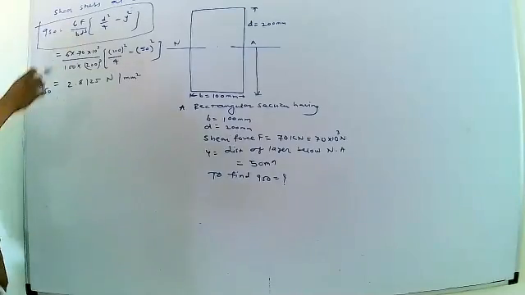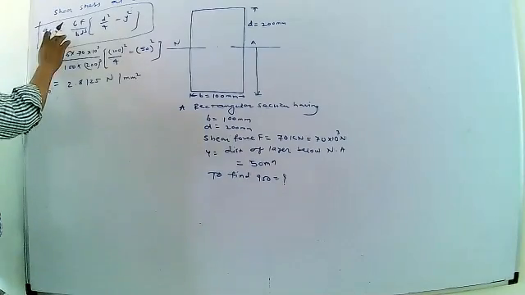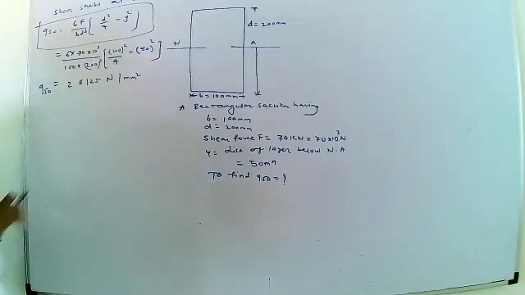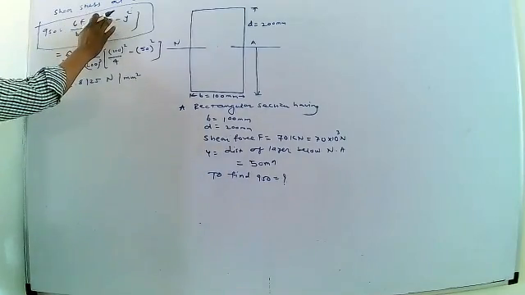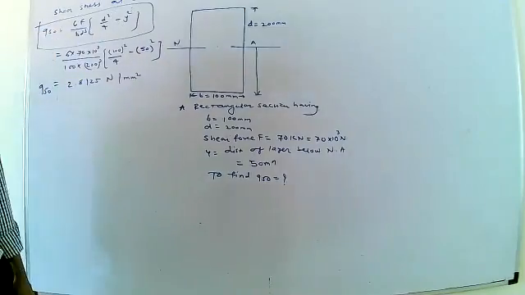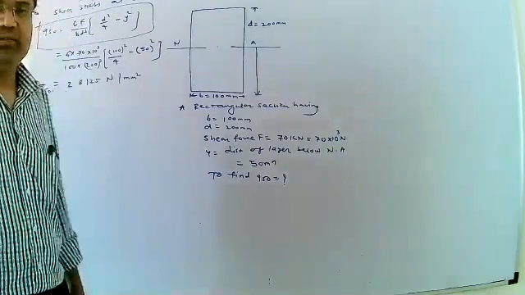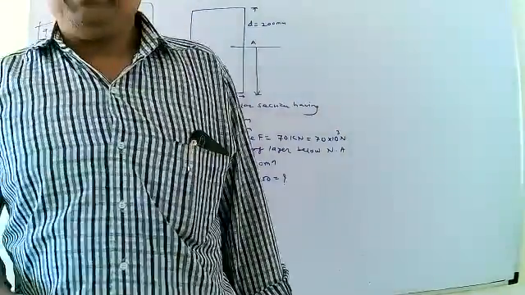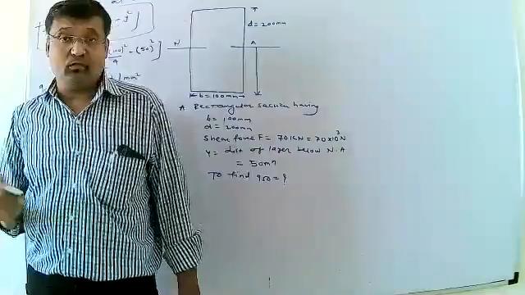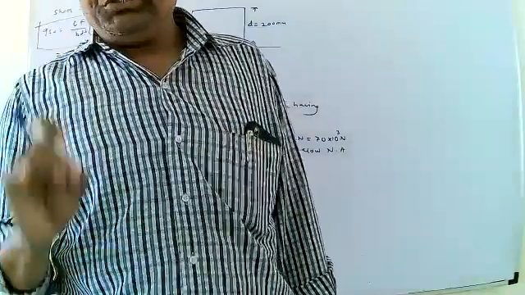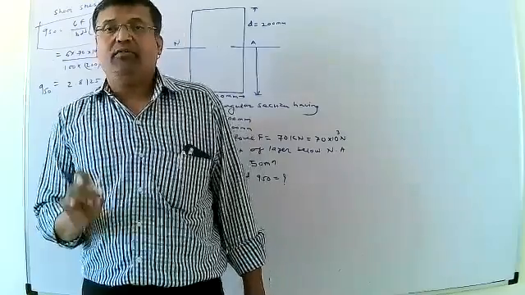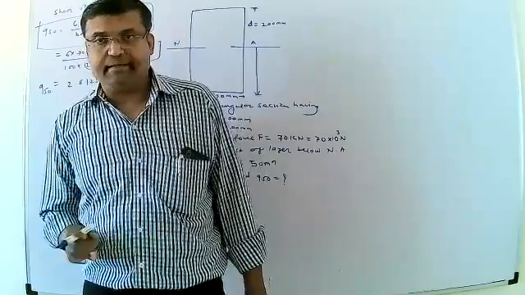Q at any distance above or below the neutral axis is equal to 6F upon bd cubed into, in bracket, d square upon 4 minus y square. That is very important. Then you put in the values already provided in the problem, do the calculation, and after the calculation we get the final value of the shear stress at a distance of 50 mm below the neutral axis.